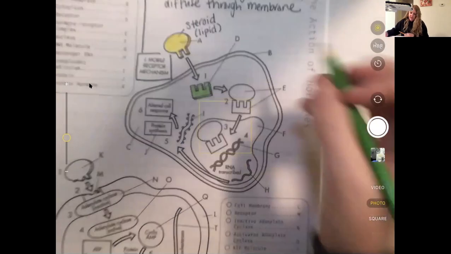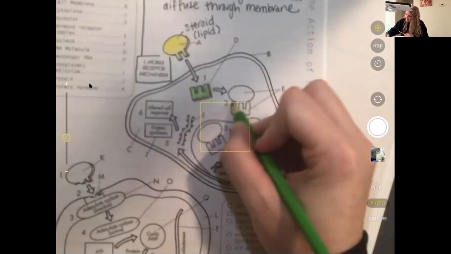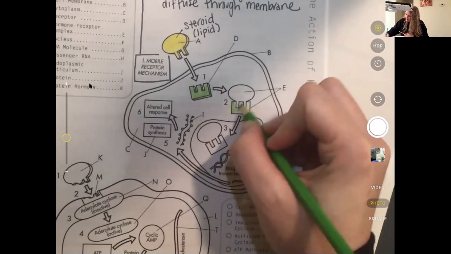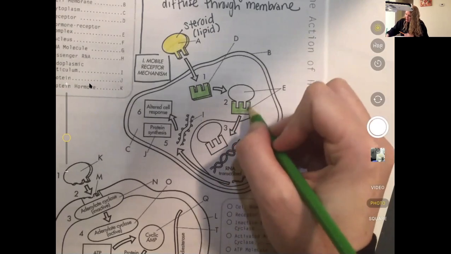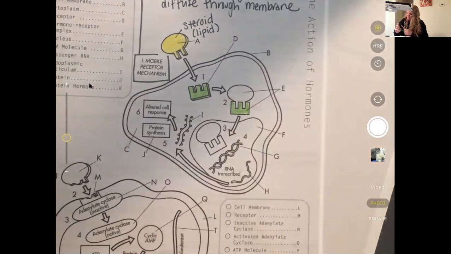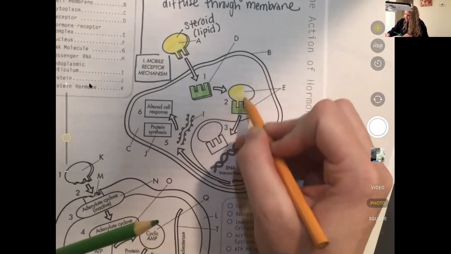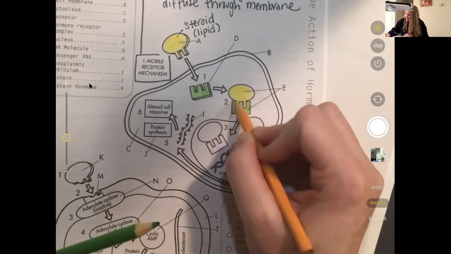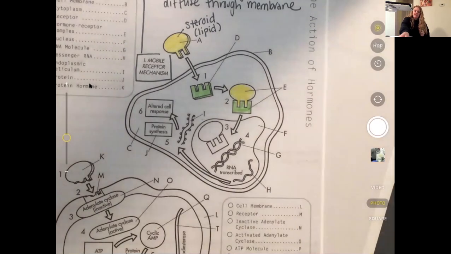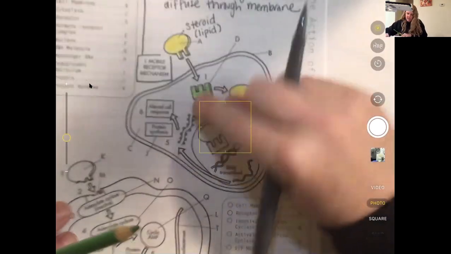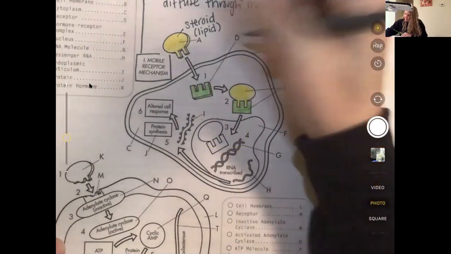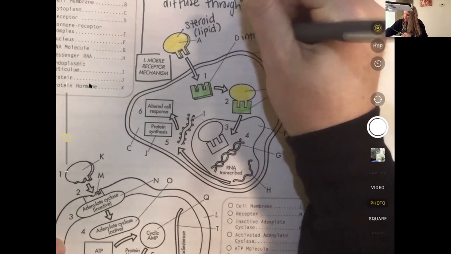And again, intracellular meaning on the inside. And we can see it's mobile, which is the name of this. When they bind together, this can move around through the cytoplasm, and we're going to learn about where it can go next. But let's go ahead and label this in the meantime. It's labeled D, intracellular receptor.